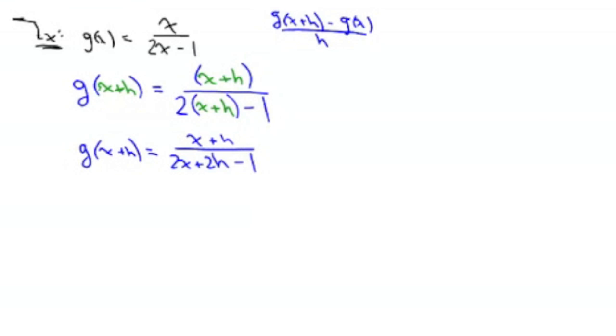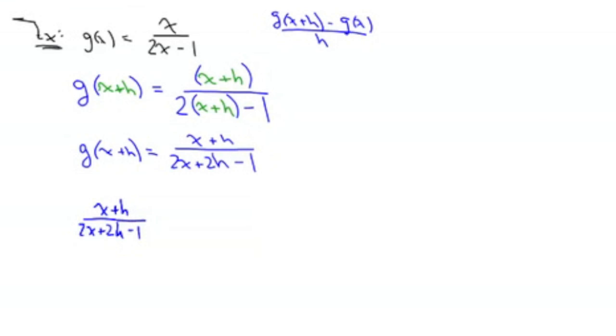All right, so first piece first, g of x plus h. I don't think I need parentheses. Let me get rid of that. The long fraction bar will take care of the parentheses. So we're going to get x plus h over 2x plus 2h minus 1. There's g of x plus h.